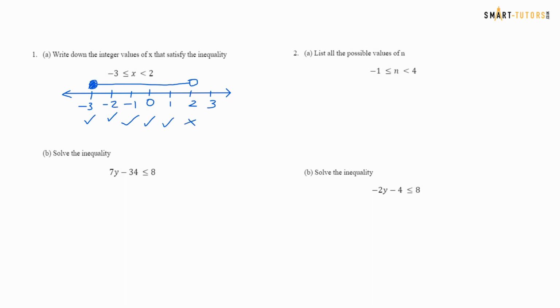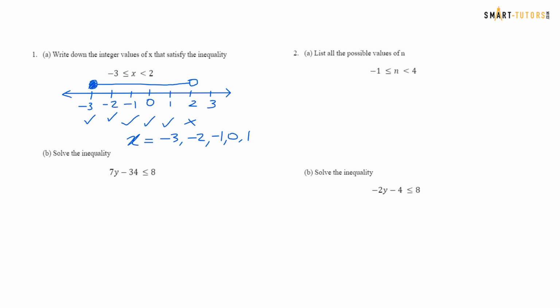So the answer for the question is x equals -3, -2, -1, 0 and 1. Many people ask in the comment column on a different video whether 0 is an integer or not. Yes, 0 is an integer.